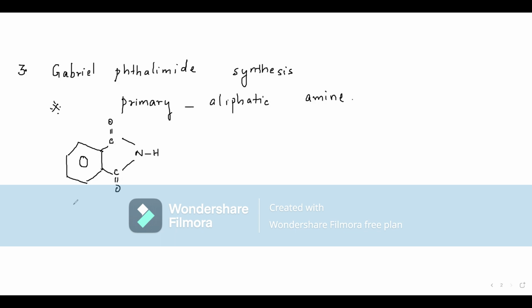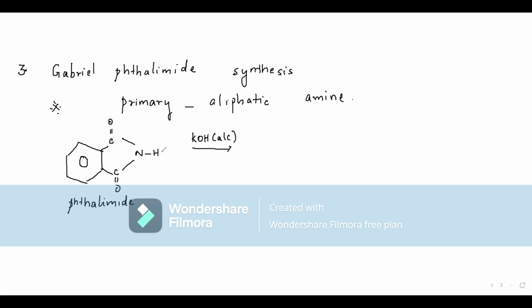So this is phthalimide. This is the compound called phthalimide. Phthalimide is to be treated with alcoholic solution of potassium hydroxide.